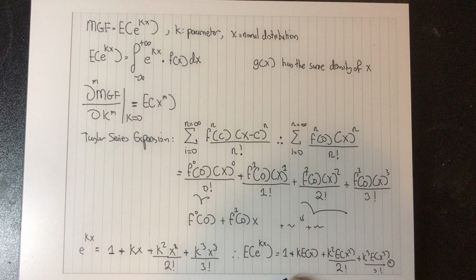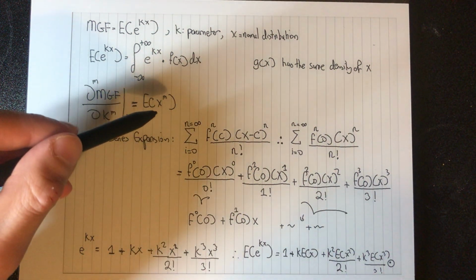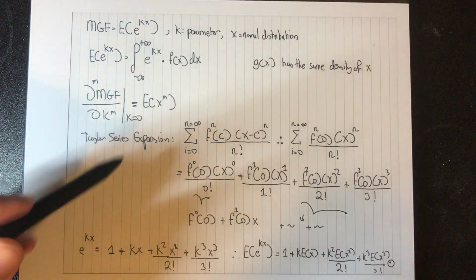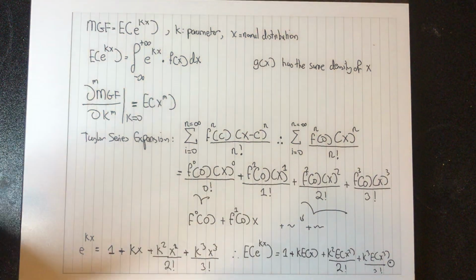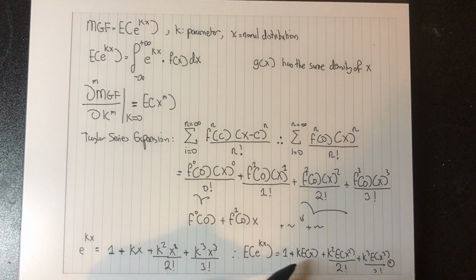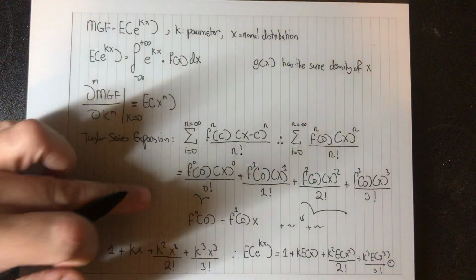We're going to take the derivative of this with respect to k and set k equal to 0, and see that we arrive at the raw moments of order m, depending on how many times we took the derivative of that approximation. So let's attempt that.